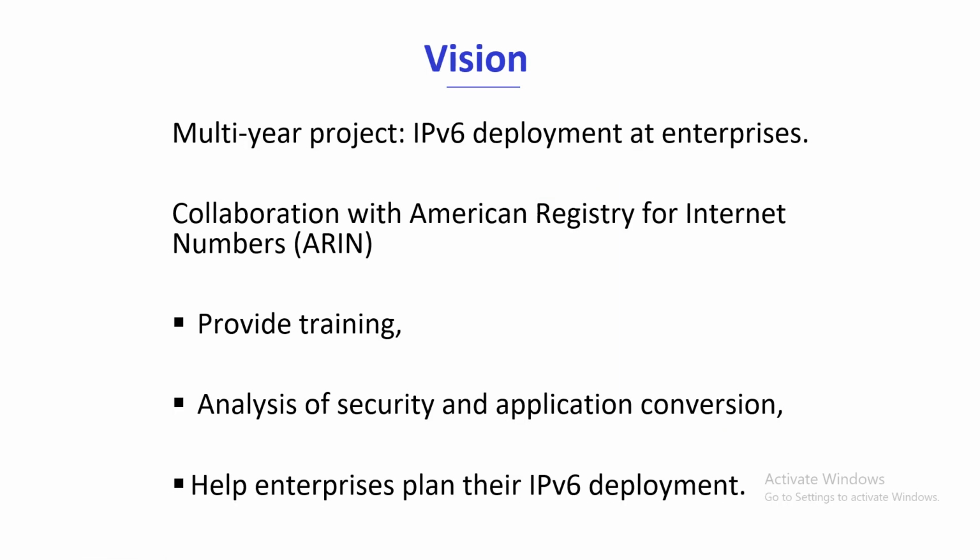Our project is a multi-year project aimed at enterprises to really get into IPv6 deployment. We have a project coming up soon, and you will be getting a survey pretty soon on how security and applications, two of the really big pain points that we feel you're going to have. Do help us with filling out that survey, because that will help us figure out where to go next, what kind of best practices papers we need, and where you are.